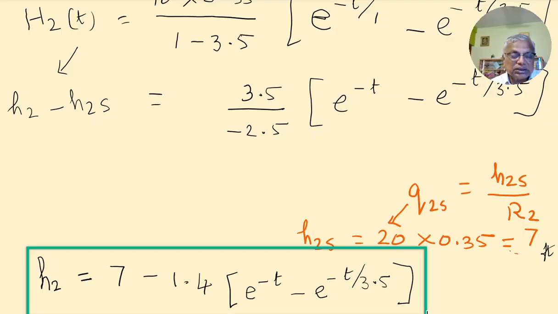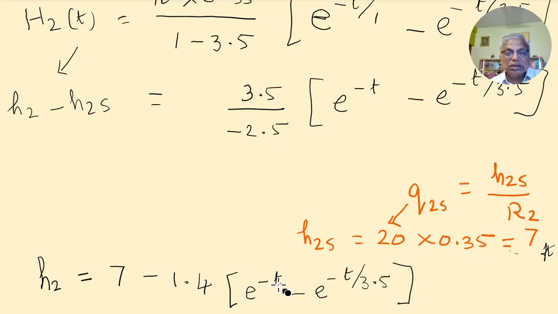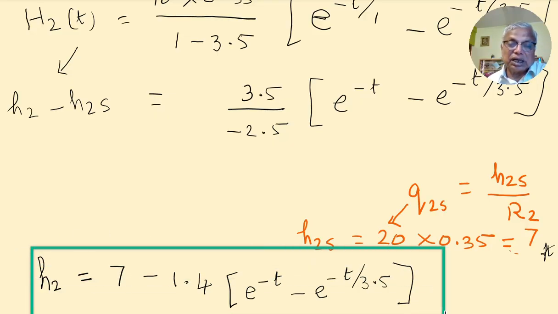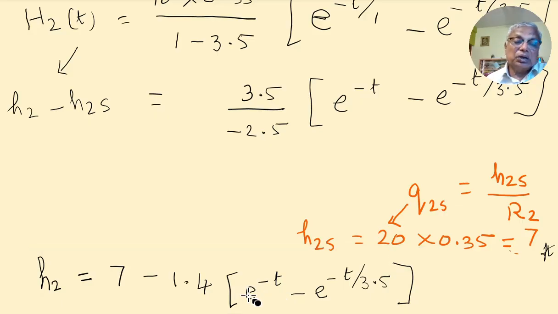How does the liquid height in the second tank vary with time? If you want to know the height at any particular instant, we can find out from this equation. For example, if you want to know the liquid height in the second tank 2 minutes after the disturbance is given, you can find out by substituting t equal to 2.